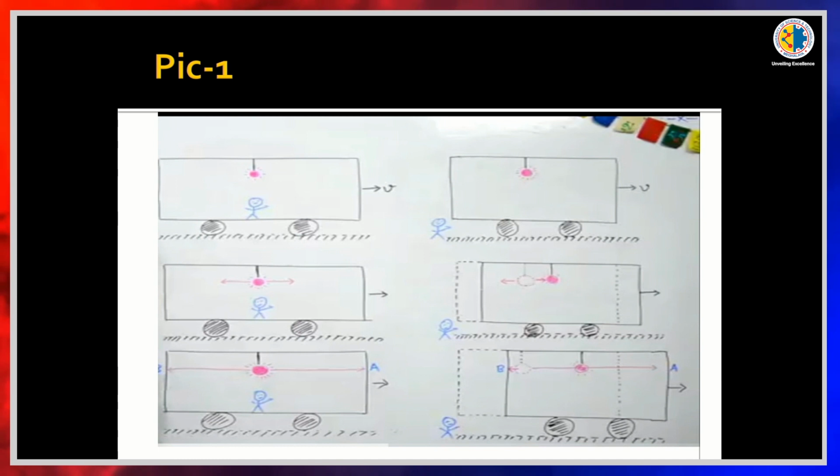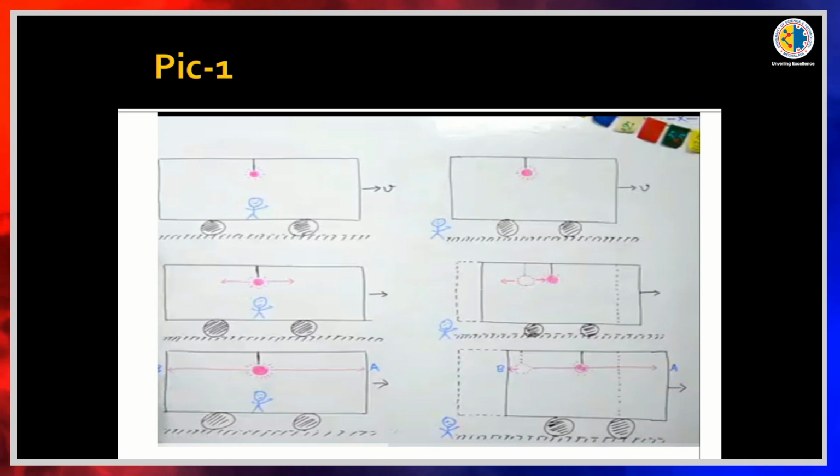According to the inside observer, when light reaches the front end A of the train and the back end B of the train, A and B happen at the same time. He observes that both events happen at the same time.